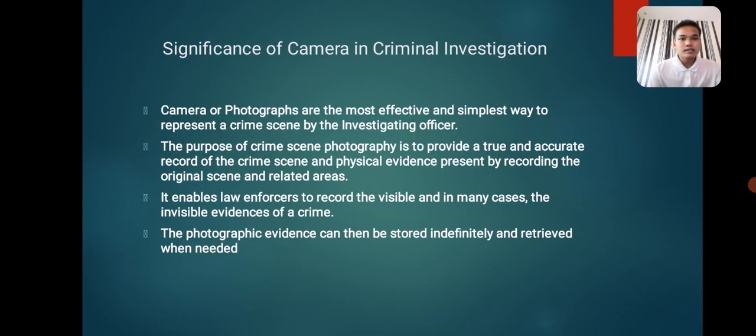And the last is significance of camera in criminal investigation. Camera or photographs are the most effective and simplest way to represent a crime scene by the investigating officer. The purpose of crime scene photography is to provide a true and accurate record of the crime scene and physical evidence present by recording the original scene and related areas.